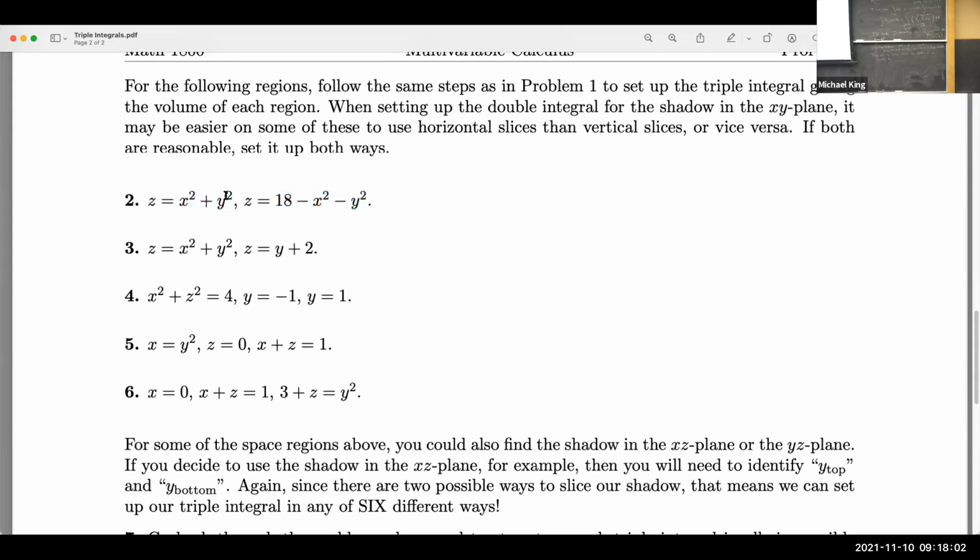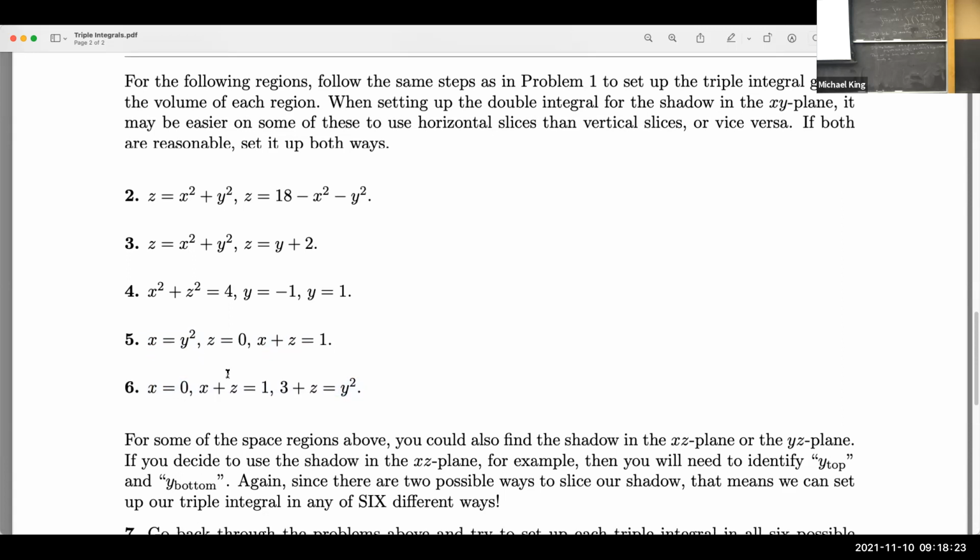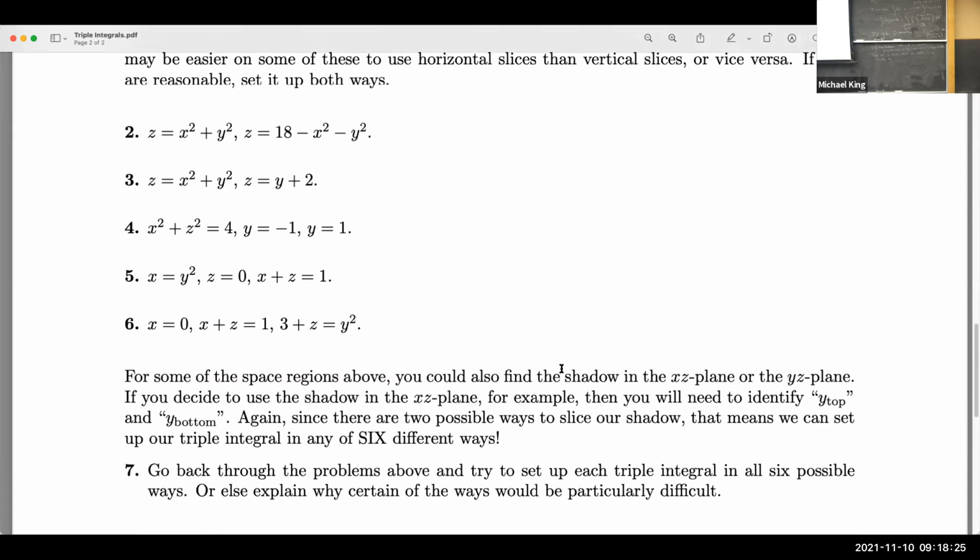There were no equations not involving Z, so there were no vertical walls. We just intersected these two to find the shadow in the XY plane. But I think you can do the same thing with each of these. There are cases where you do want to find the shadow in the XZ or the YZ plane instead. It might be easier.